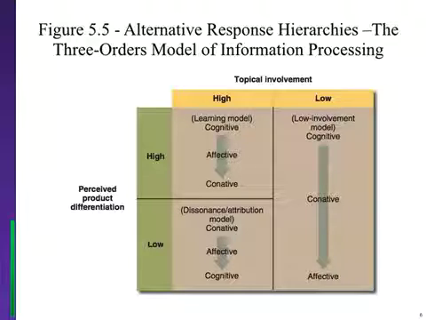So, you know, the 3 stages that we talked about, thinking, feeling, and doing, or cognitive, affective, and conative or behavioral, that's the order that they would take. But if it's a low involvement process, that order may switch. They may think and then just make a decision to buy. That's the conative or the behavioral.